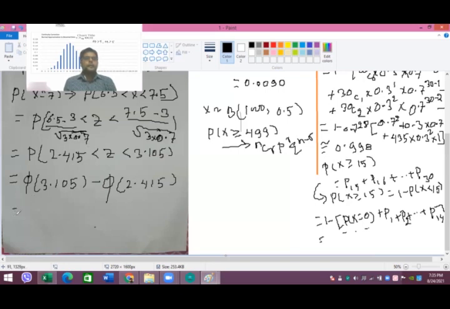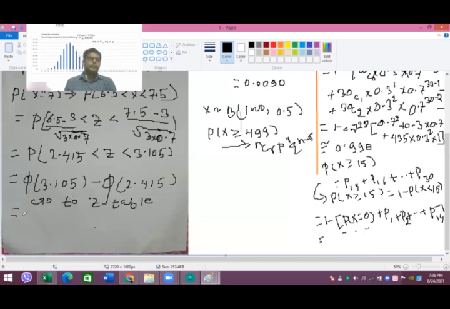Then you can go to the z table, that means you have to go to the normal distribution table, and you should have knowledge of how to read this probability from the normal distribution table. So this time I am not going to explain, so I expect you to have previous knowledge regarding how to read off the probability value from the normal distribution table.